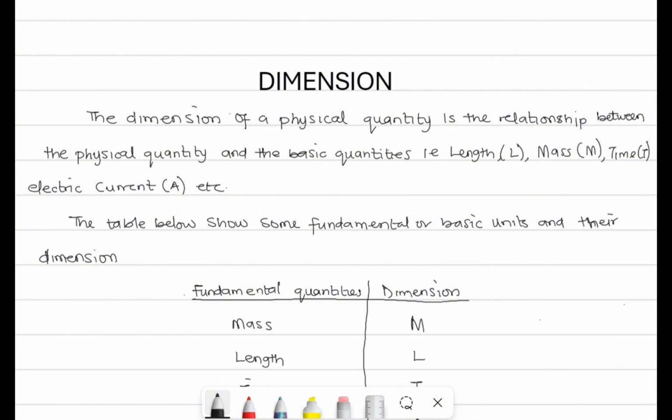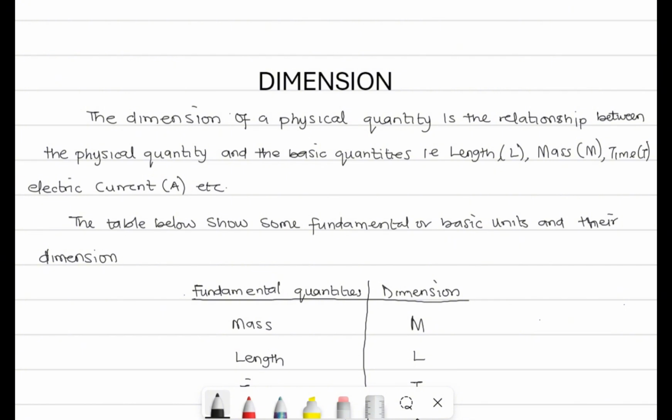For example, it takes volume and tells you how length is playing in that quantity. It takes acceleration and tells you how mass, length, time and the rest are playing in it. That's what the definition is really saying. But as we progress, we begin to understand why we defined dimension that way.